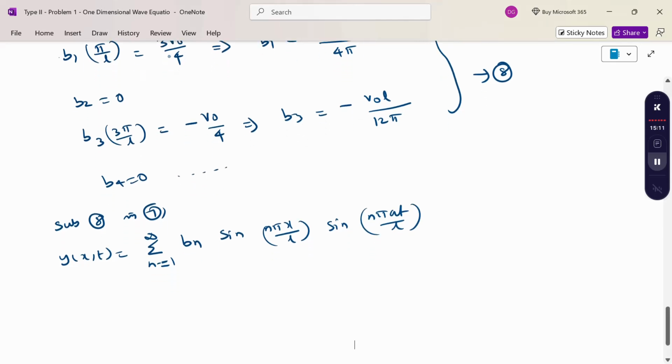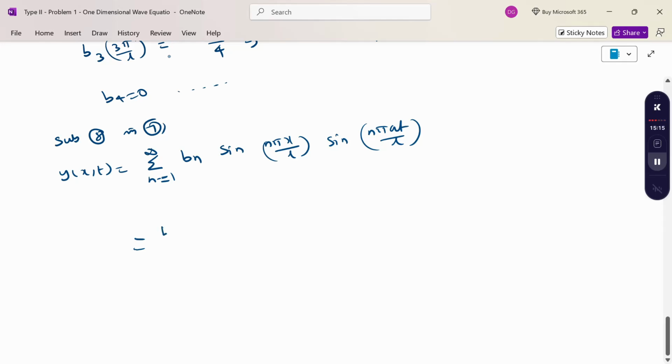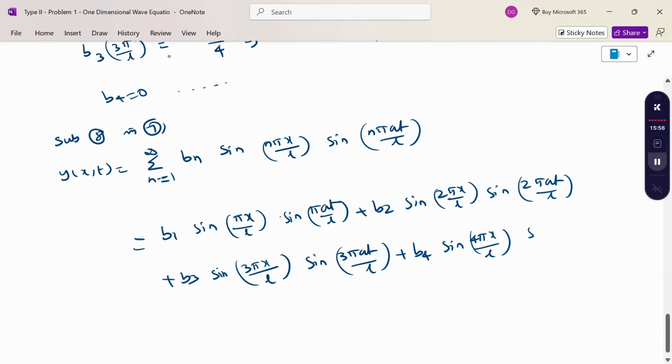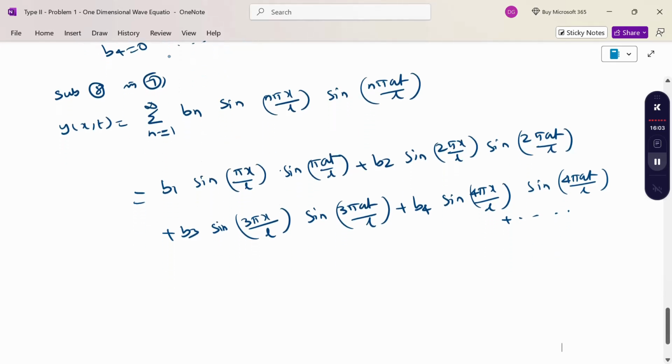Expanding for n equals 1, 2, 3 and so on: b1 sin(pi x by L) sin(pi at by L) plus b2 sin(2 pi x by L) sin(2 pi at by L) plus b3 sin(3 pi x by L) sin(3 pi at by L) plus b4 sin(4 pi x by L) sin(4 pi at by L), and so on.